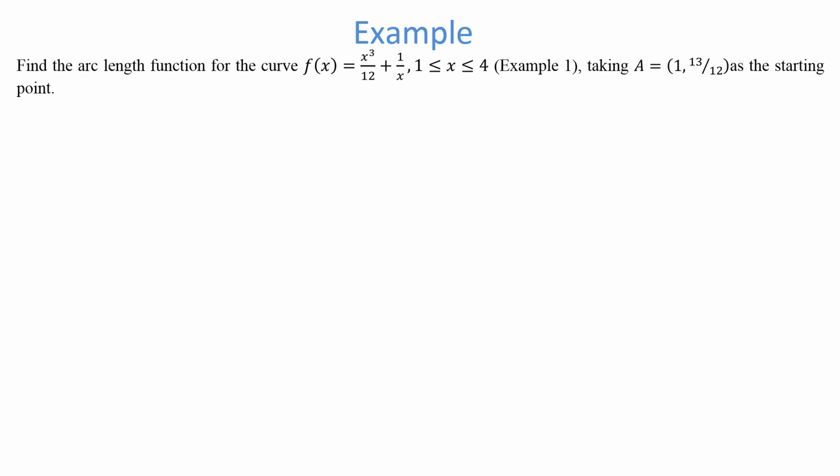So let's try and find the length of the arc using this formula. Find the length of the function, the same function we are trying. We have already done this in the first example, and a, b are the same, of course the function is the same, and the starting and ending points are the same. The starting point is 113 by 12.